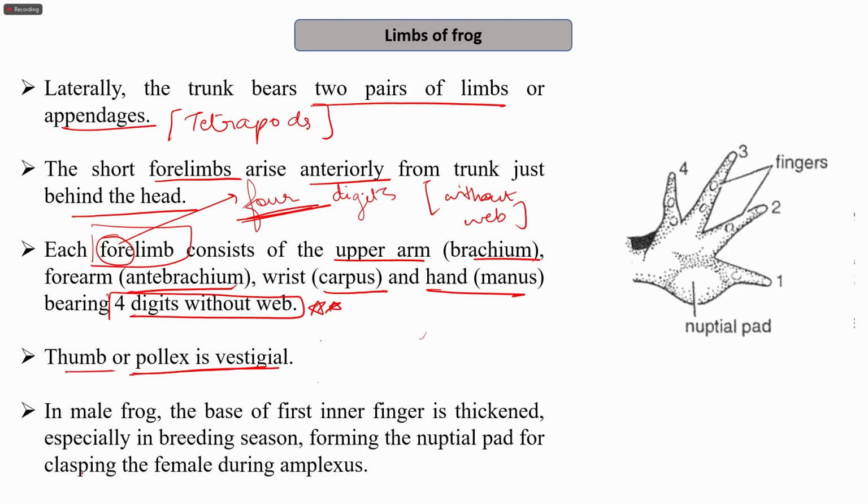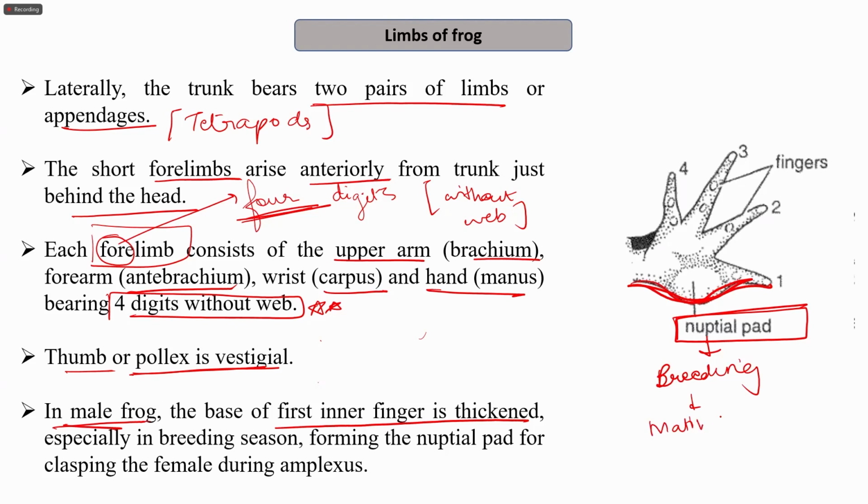A very important thing that helps in differentiating between male and female frog is that in the male frog, the base of the first inner finger is thickened. You can see here that this base is thickened, forming a nuptial pad. This is formed during the breeding season and helps in mating, for clasping the female during the amplexus.